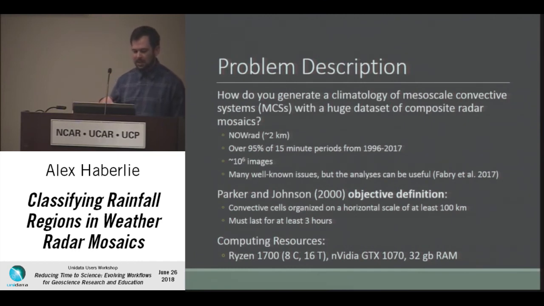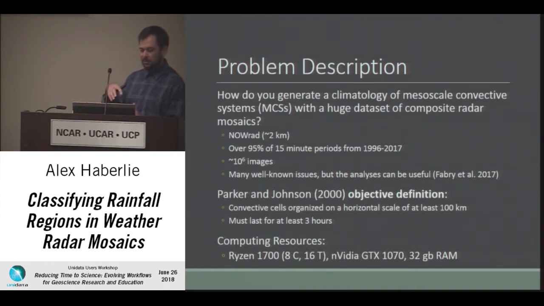The other problem is that, okay, there is a definition for mesoscale convective systems that you can use and you can apply using just basic image processing techniques. So find a pixel that is representative of moderate or intense precipitation, and if there are enough pixels and they're on a scale of 100 kilometers or greater, okay, that is a snapshot of a potential mesoscale convective system.